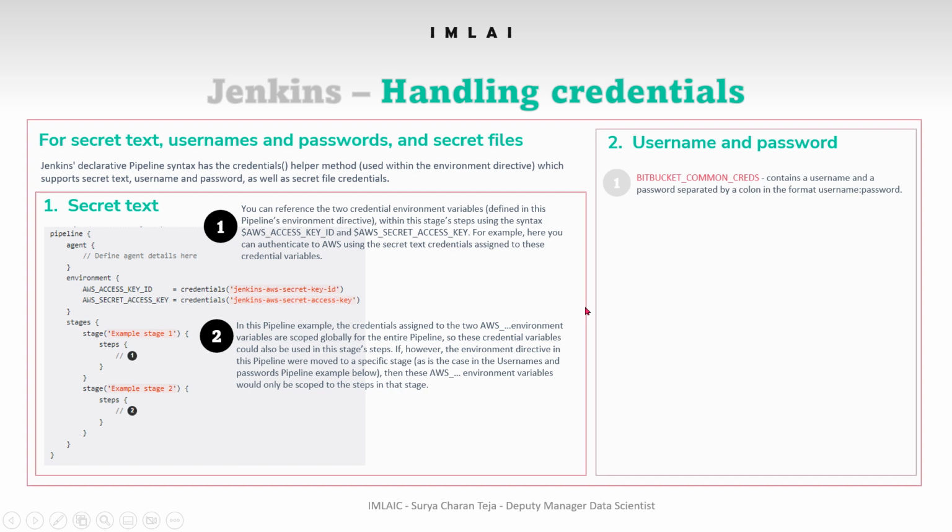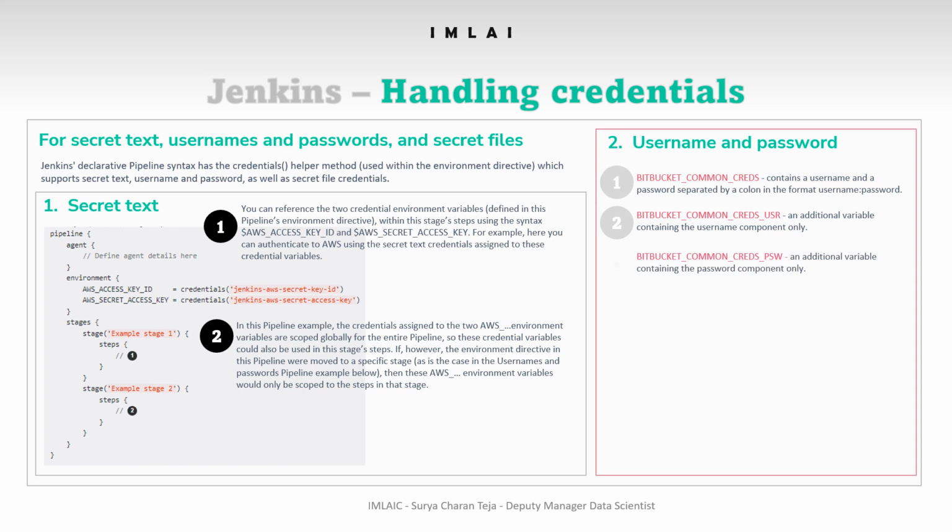For example, if you want to use Bitbucket, the variable is Bitbucket common creds. It contains a username and a password separated by a colon, in the format username colon password. Or else you can use Bitbucket common creds user, an additional variable containing the username component only.